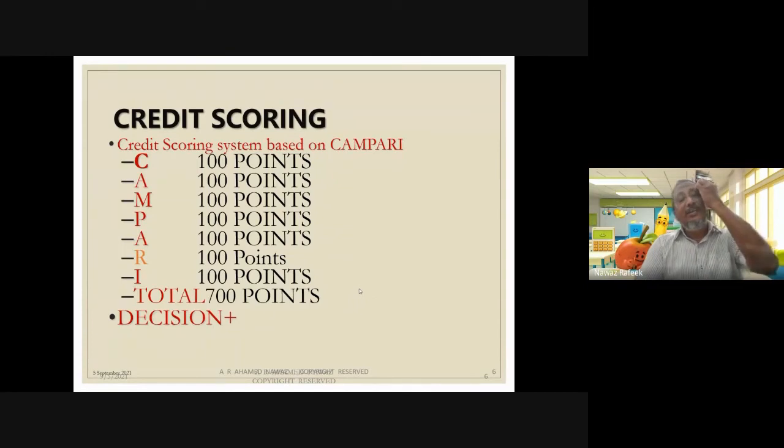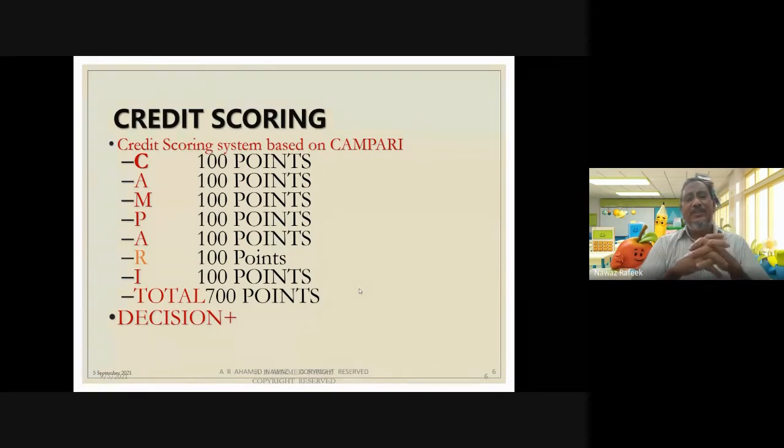So the disadvantages: for example, a customer who is a monthly wage earner, when you analyze his personal loan or whatever scoring methodology, he may get less than 280 points. If it is less than 280 points, according to the scoring valuation, the decision is made to reject that customer's application.